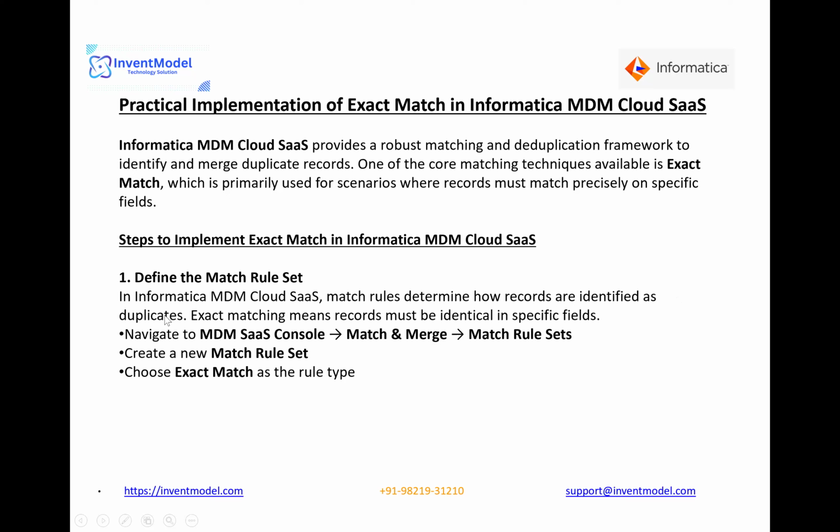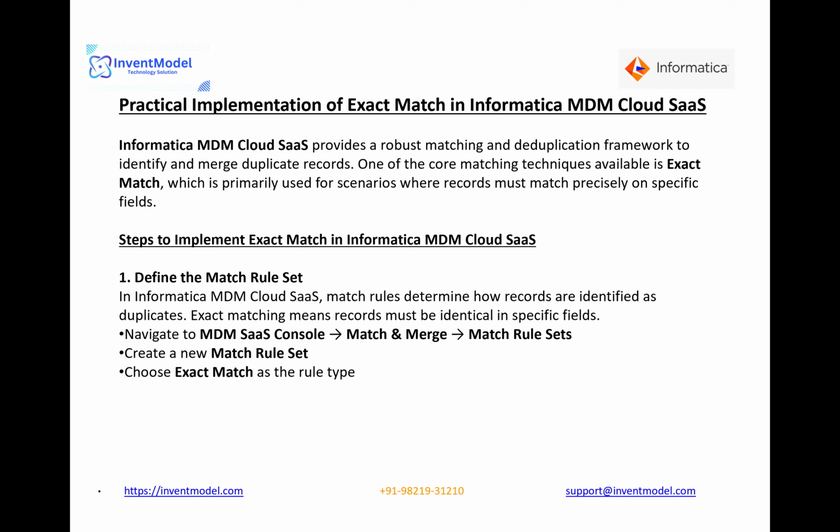Like I've told before, the records can be duplicate as well, so first we have to filter which records are duplicates and which are absolute. Exact matching means records must be identical. Navigate to the MDM SaaS console, go to match and merge, and then go to match rule set. Create a new match rule set, and then choose exact match as the rule type.